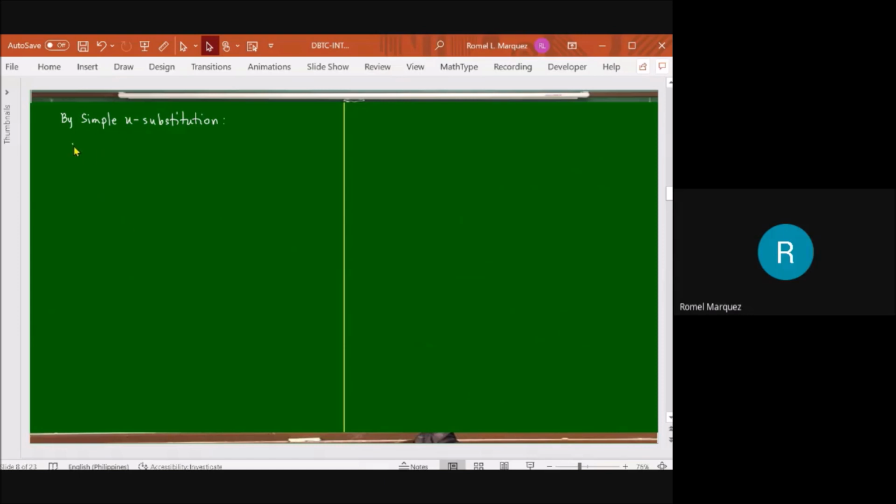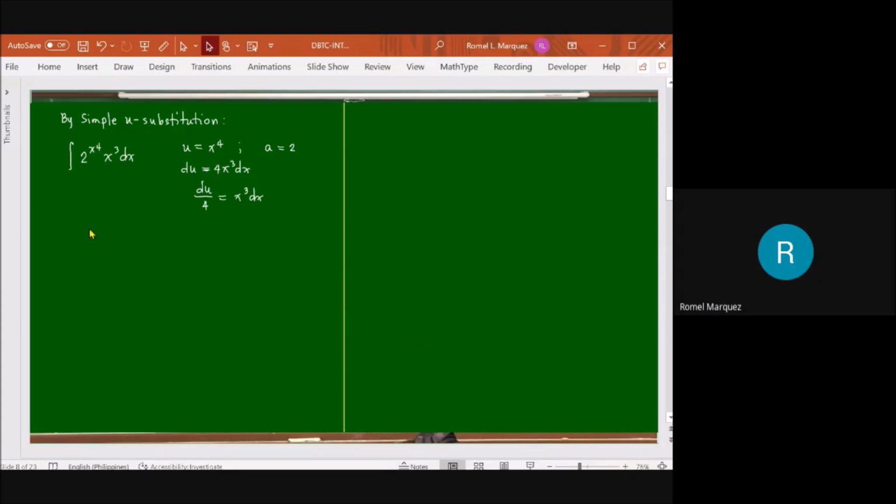So, given the integral of 2 to the x to the 4th times x cubed dx, our u here is x to the 4th, getting its du, that is 4 x cubed dx, with our a equals 2. Now, we need to express this in terms of u. So we solve for du over 4, which gives us x cubed dx.